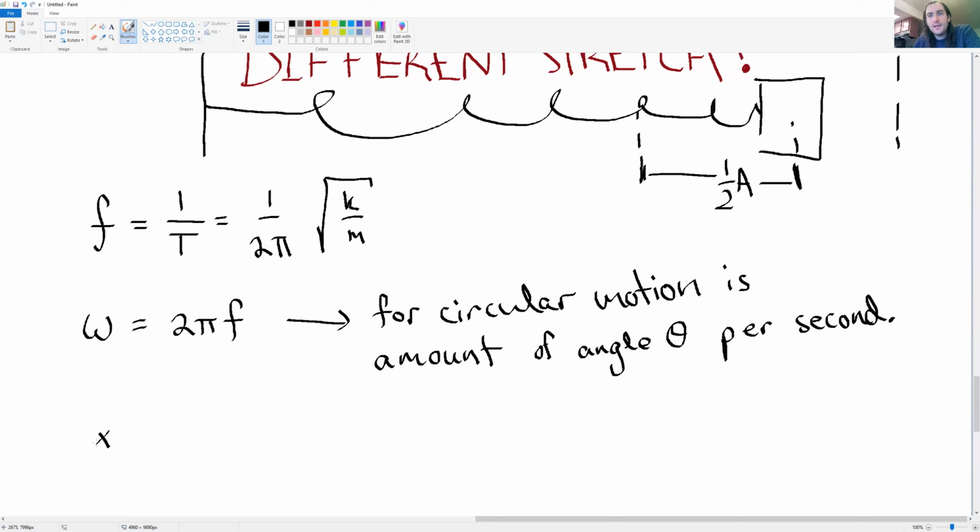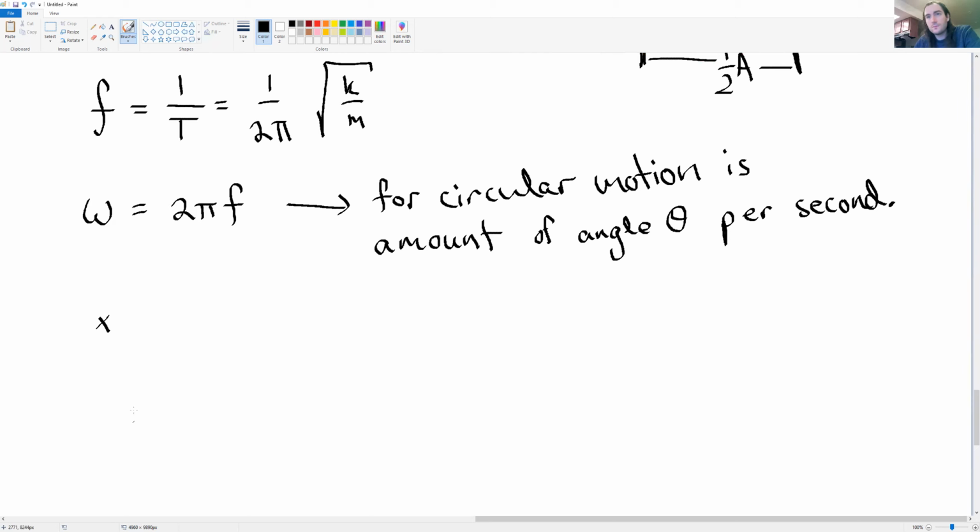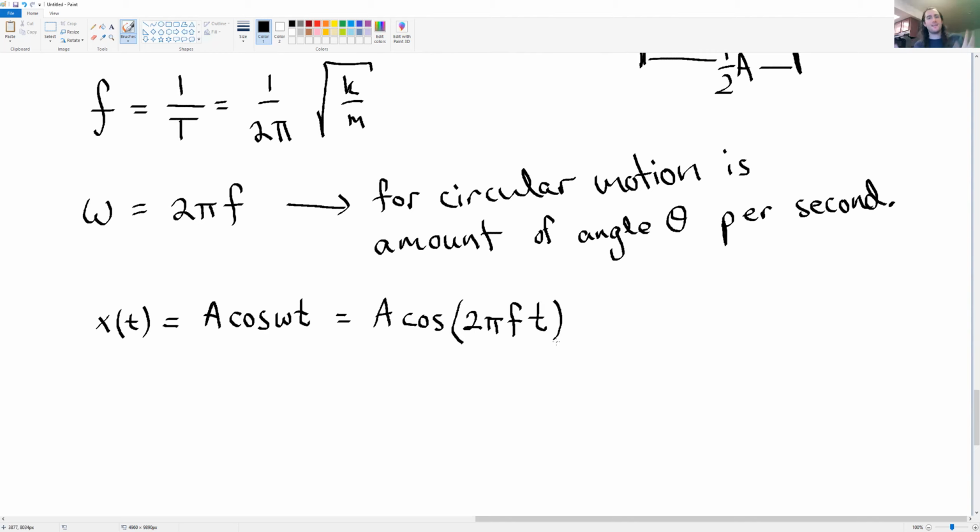So we write the position as a function of time, x of t, as a cosine omega t. Or just as correct, a cosine of 2 pi f times t. But usually we just write omega because it's nice and neat. We take that 2 pi f and put it into one symbol, omega.